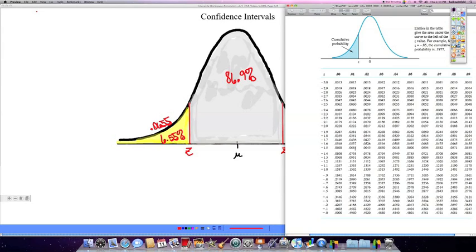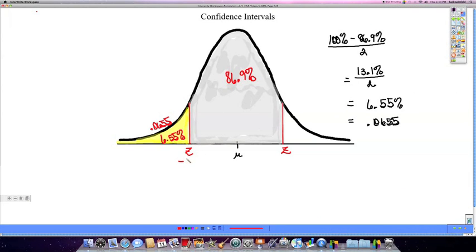And so we see that the z value that is associated with this 0.0655 is negative 1.51. And so therefore we know that the z-score here is negative 1.51. Since this area is symmetric on the mean, this z-score is 1.51. Now we'll only need to use the positive value in our calculations.